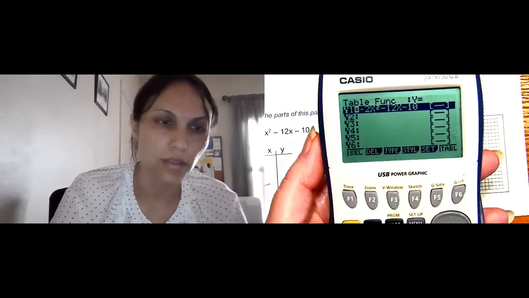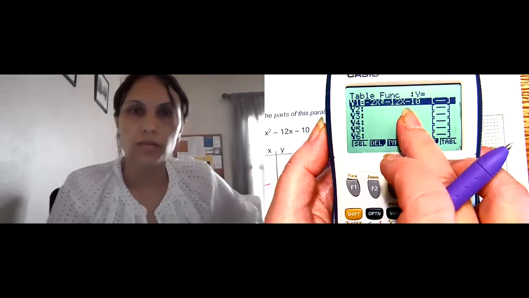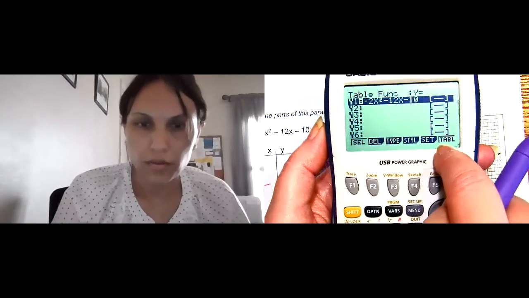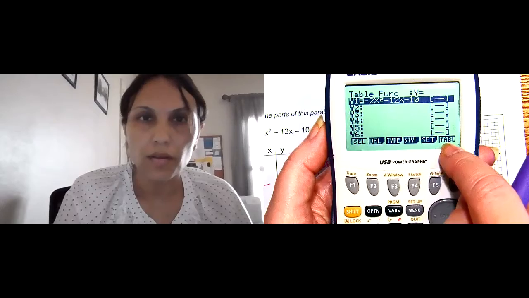You can just push the 5, or you can go down and make it black, and then push enter. Now, I double check to make sure the equation is still there. This time, instead of saying draw, it should say table right here. You can get to it 2 ways: you can push this button, or you can push enter again. And you should get a table of values.